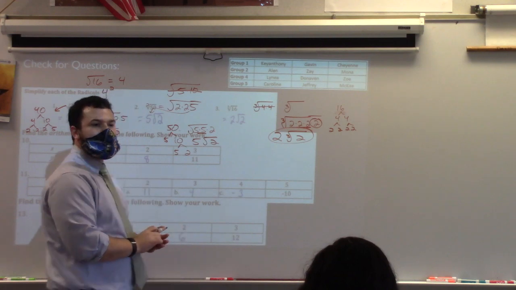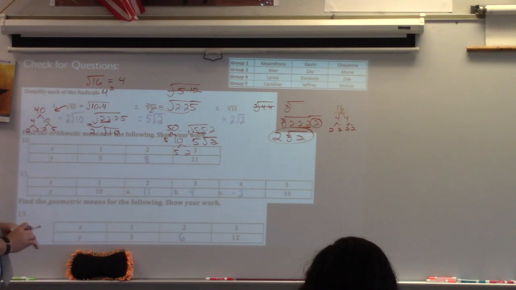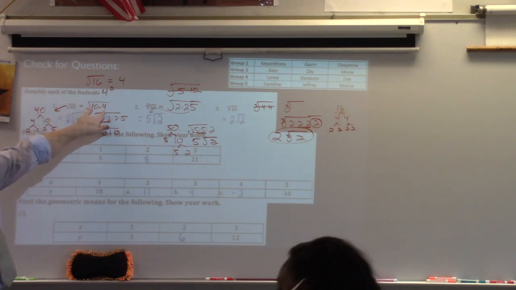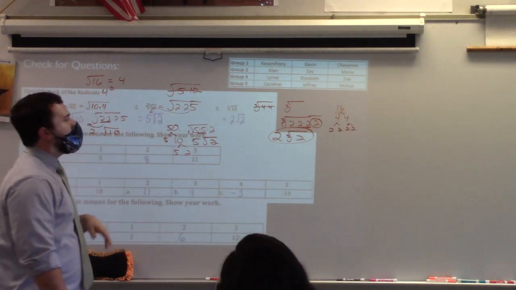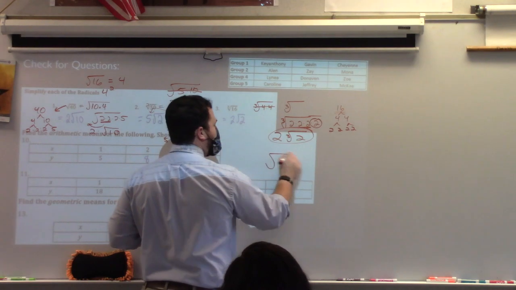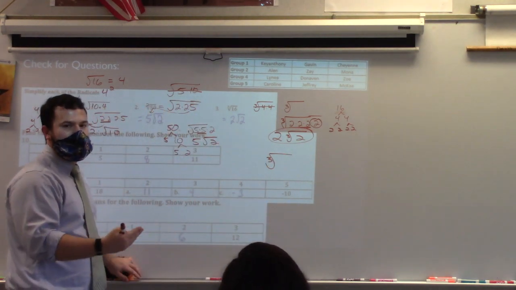So you can break it down into prime factors and look at it that way. Notice we broke it down here into a perfect square and a non-perfect square. So when I'm looking at this cube root, I'm looking for a perfect cube and a non-perfect cube.